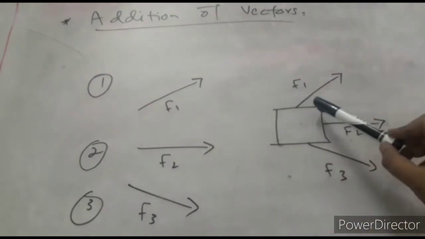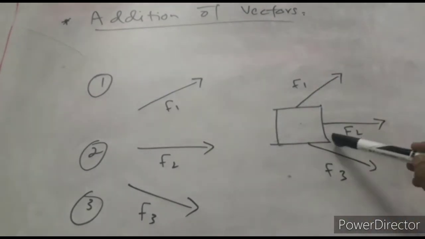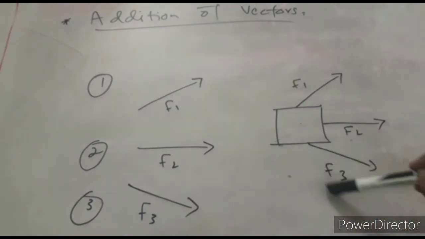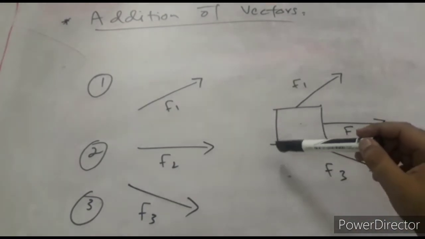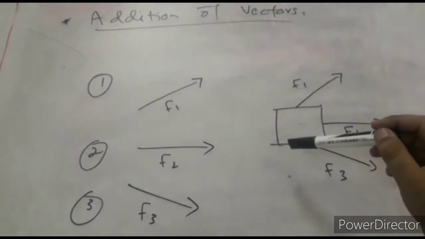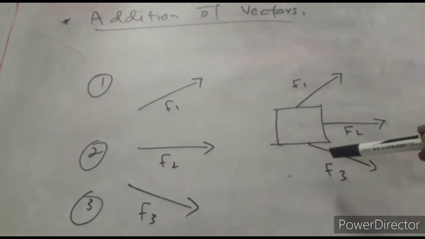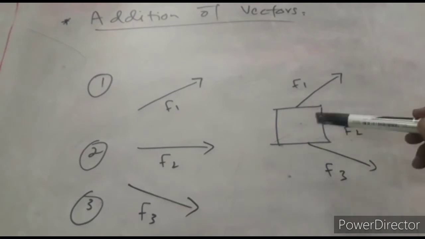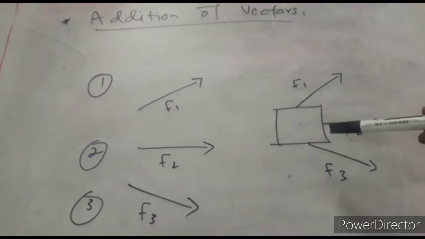This is the F1 going in this direction, this is F2 over here, and this is F3 over here. So where will this box move? So in this case, first we have to add these vectors. So now we will look how to add vectors and what are the different cases of addition of vectors, and what will be the result of the addition of vectors.